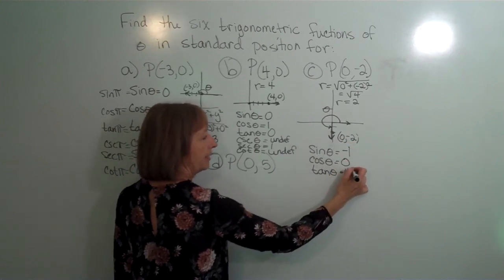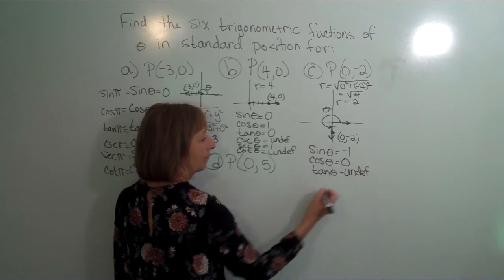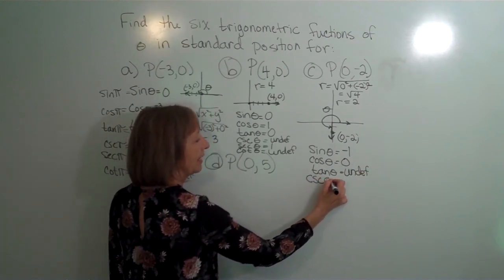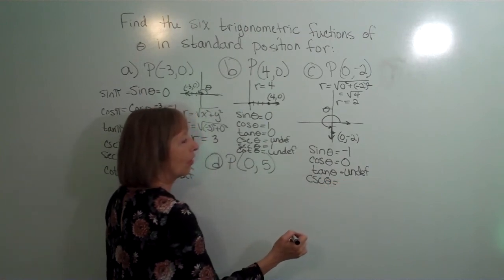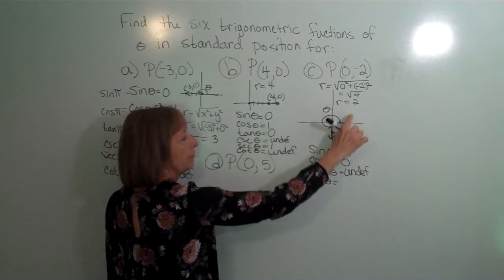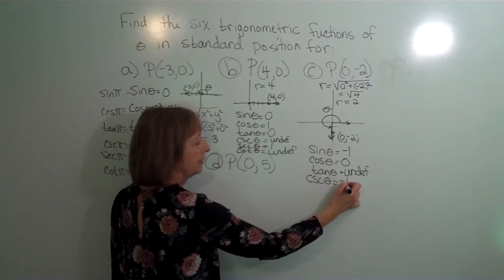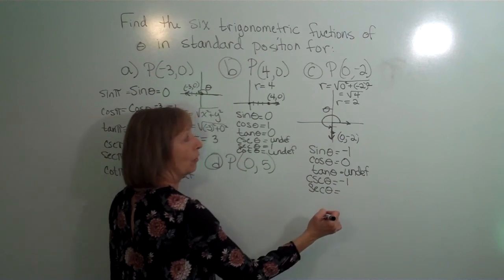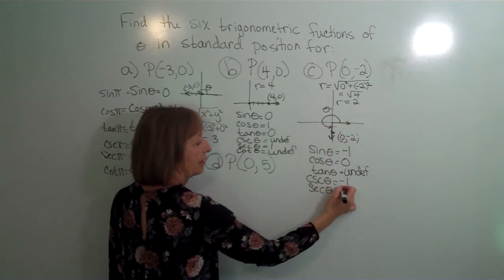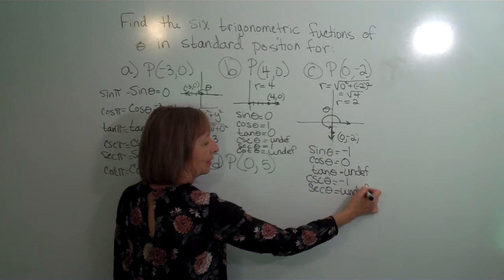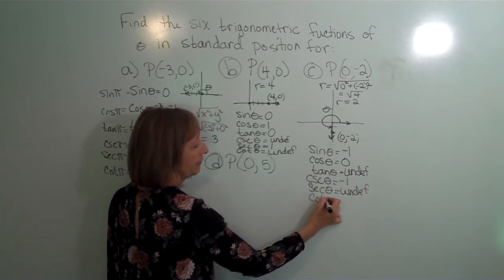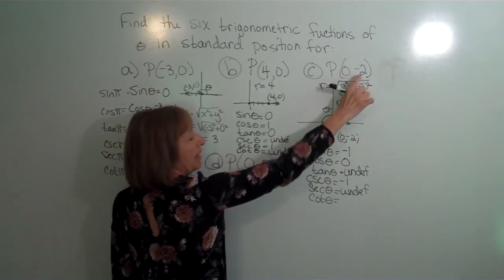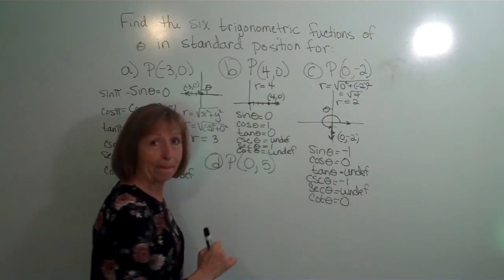So that's undefined. The cosecant of theta is r over y. So 2 divided by -2 is -1. The secant of theta is r over x. So this time it's undefined. And the cotangent of theta is x over y. So 0 divided by -2, which is 0.